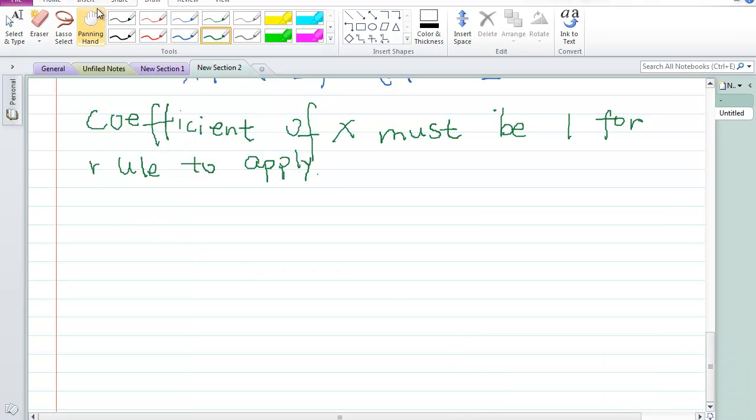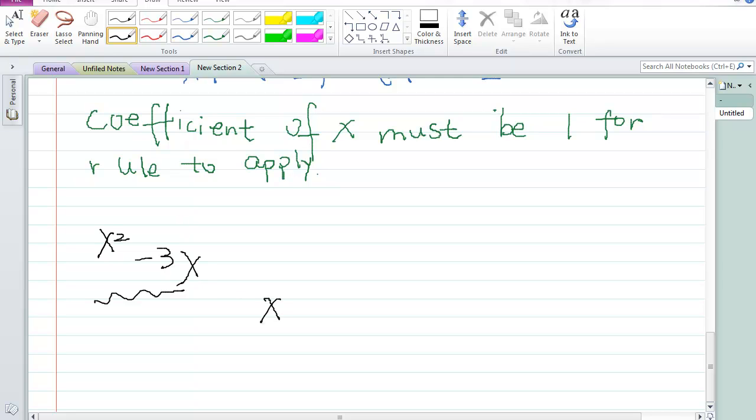Now let's quickly look at one example. Complete the square of x squared minus 3x. For this we take 1/2 of b and then square it.